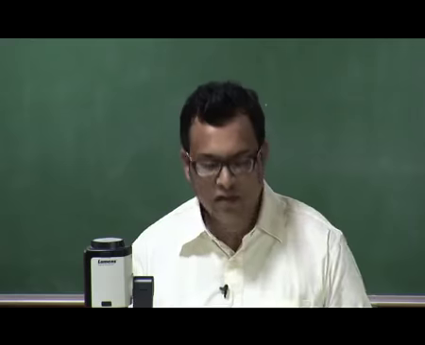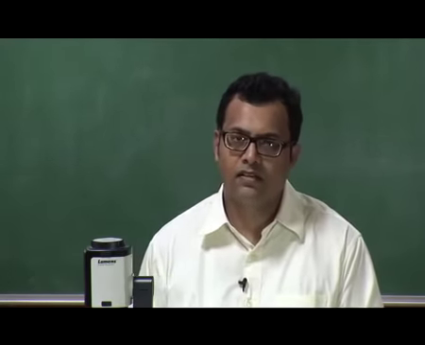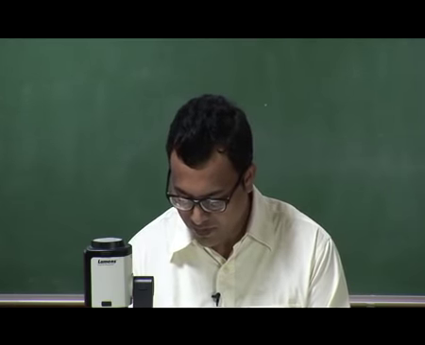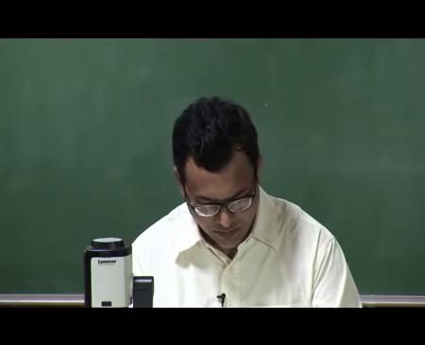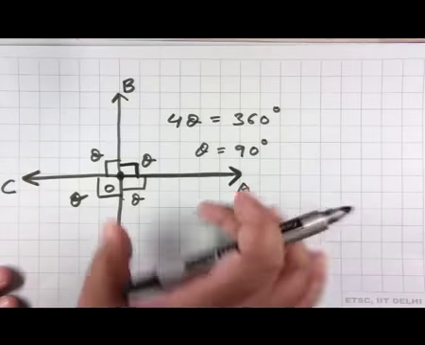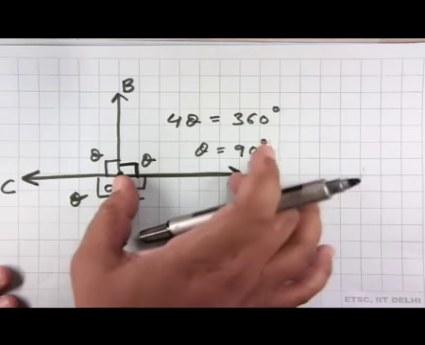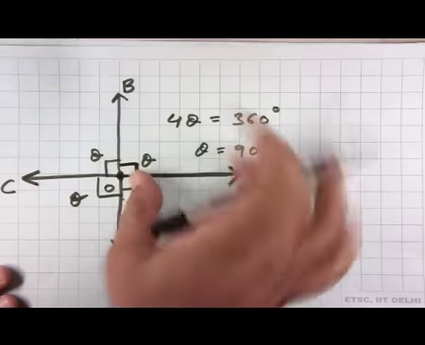In a similar manner, you can define all other angles, like 180 degrees. So, 180 degrees will be, if you go back to the last slide, if you start from OA and you take two 90 degree rotations.